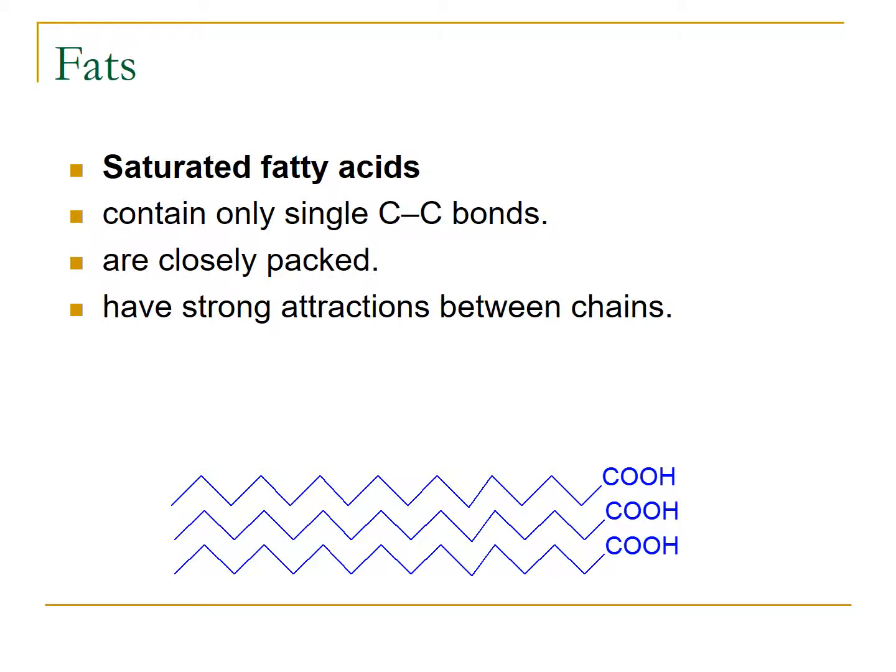And so saturated fats tend to be solid at body temperature or room temperature, and we see that with bacon fat and butter fat, that the saturated fatty acids are actually going to be solid because they have stronger attractions.